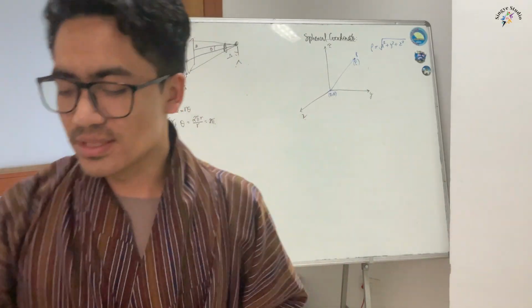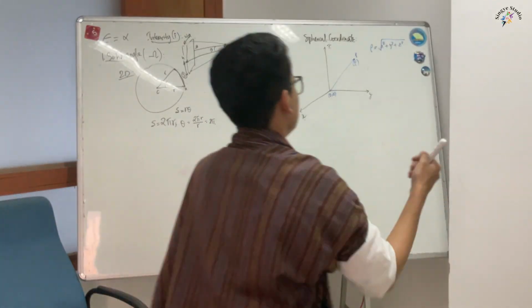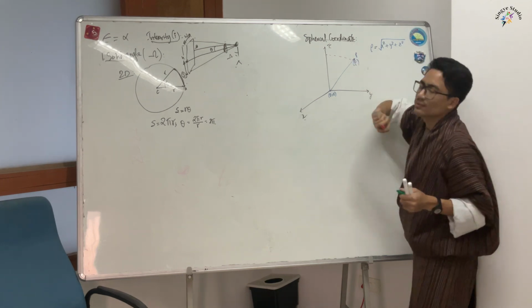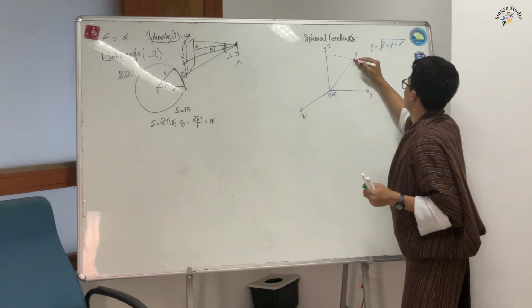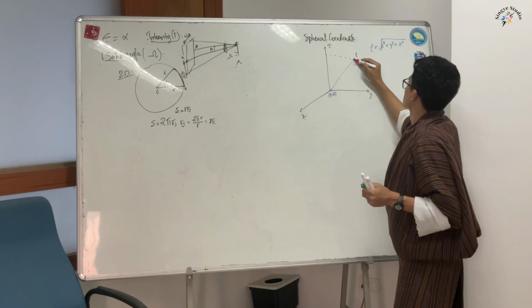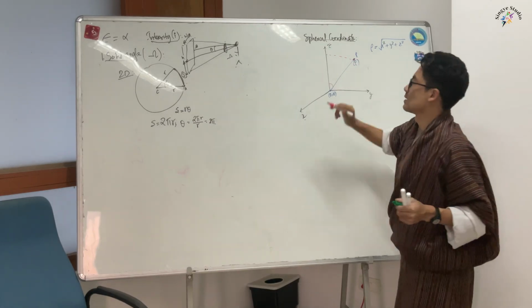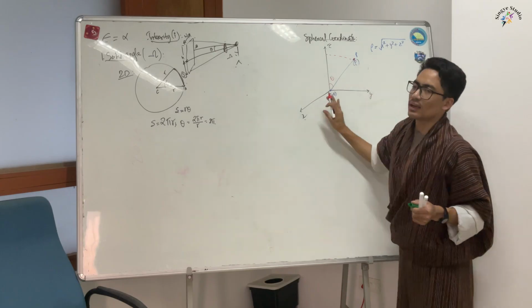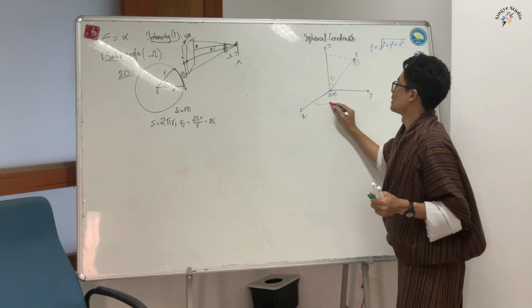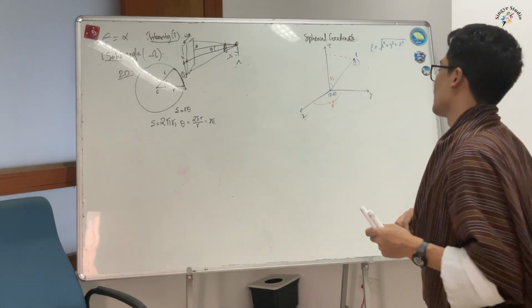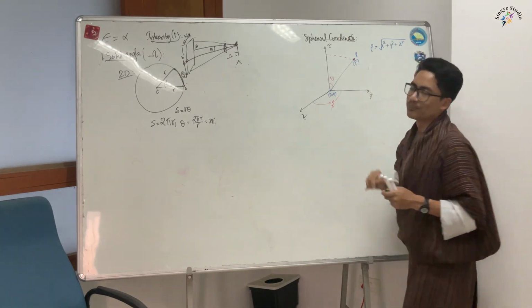Then what you can get is that you project from here, set an angle from here, and you find some points here. So you have the two angles, that is the azimuth angle of phi and the zenith angle of theta.